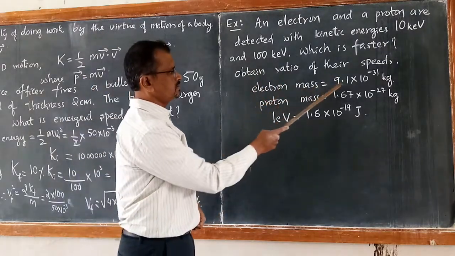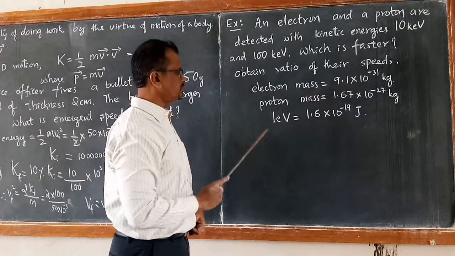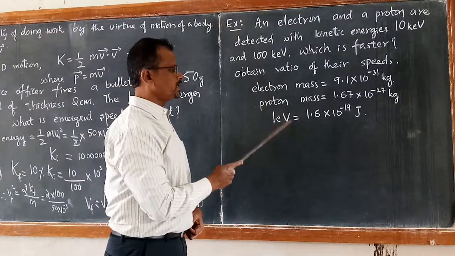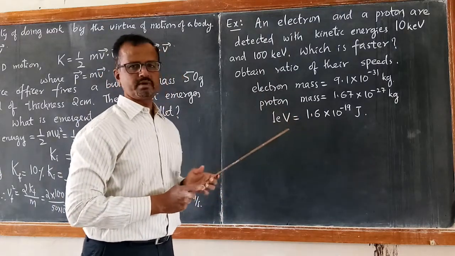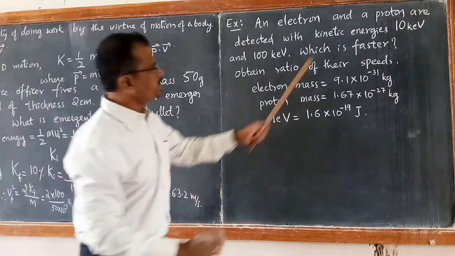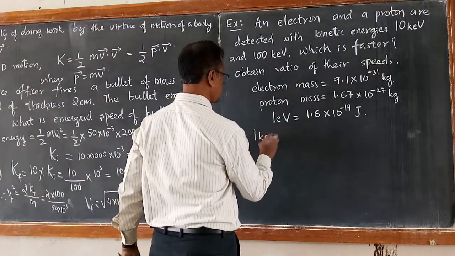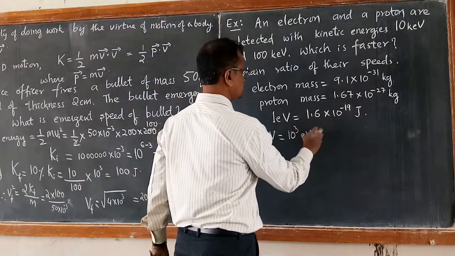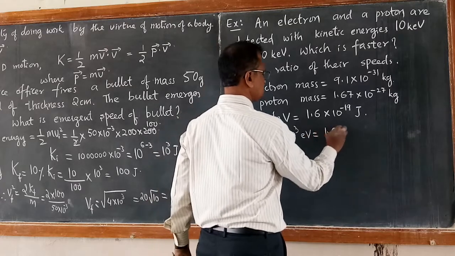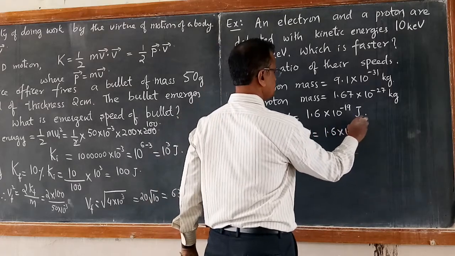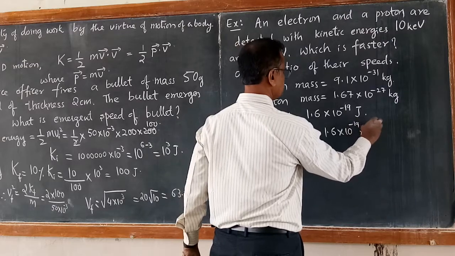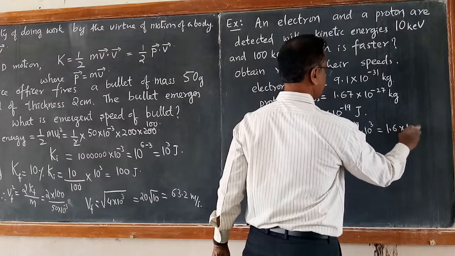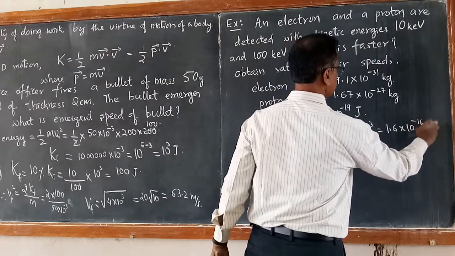Mass of electron is given as 9.1 into 10 raised to minus 31 kilogram. Proton mass is given as 1.67 into 10 raised to minus 27 kilogram. 1 electron volt you also know is 1.6 into 10 raised to minus 19 joule. 1 kilo electron volt means 1000 electron volt, so multiplying by 10 raised to 3, it comes out to be 1.6 into 10 raised to minus 16 joules.